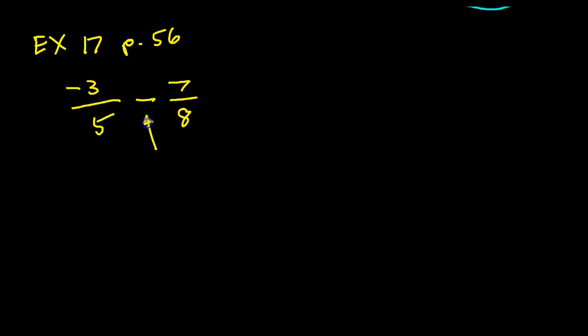When you subtract a fraction, it's equivalent to adding the opposite. So I suppose I could rewrite this in this fashion if you like. I believe the LCD, the least common denominator of 5 and 8 is 40, is it not? 40 is 8 times 5, and 40 is also, of course, 5 times 8.